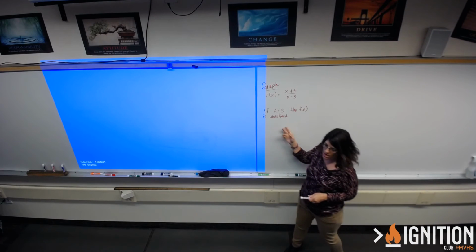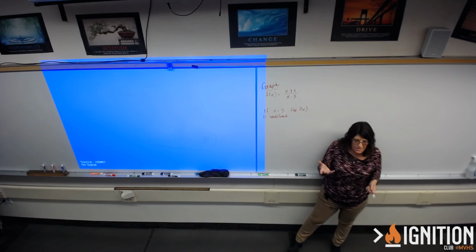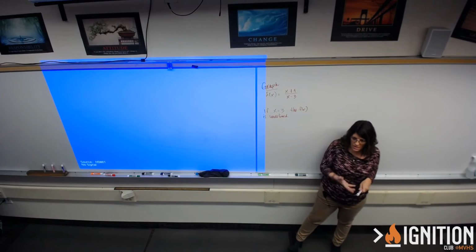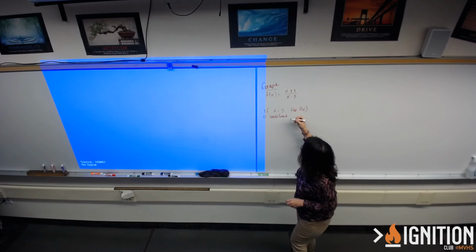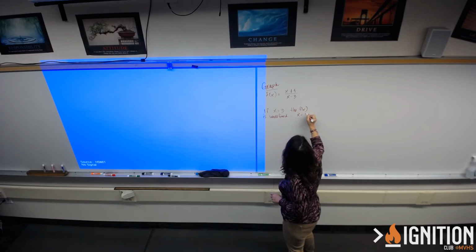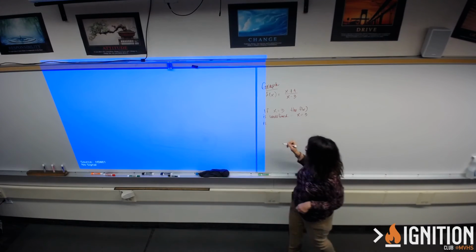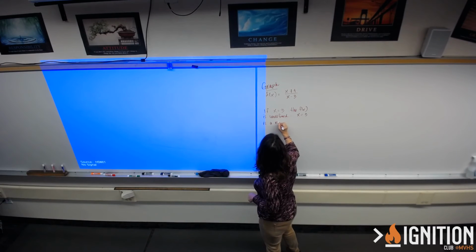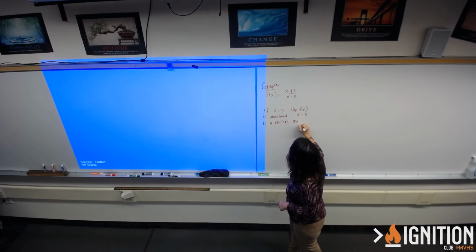What did I say about undefined? It's an asymptote. An undefined function shows up as an asymptote on the graph. So if x is 3, the function is undefined, therefore x equals 3 is an asymptote. We'll talk about horizontal asymptotes in a little bit.